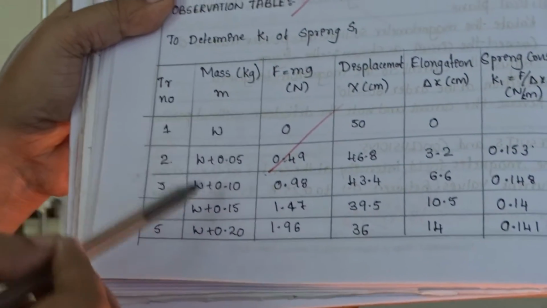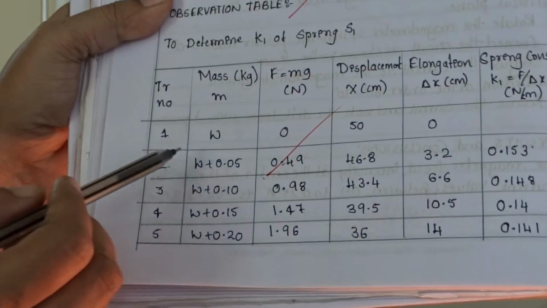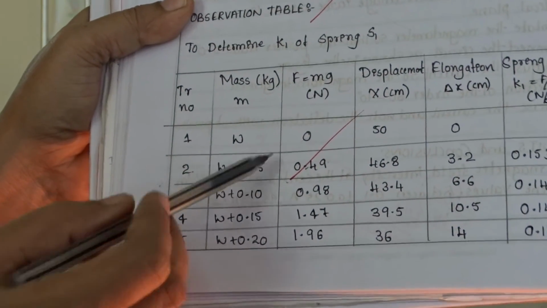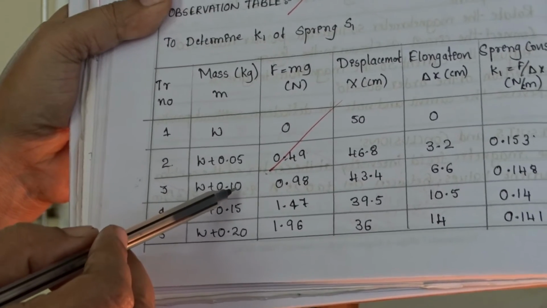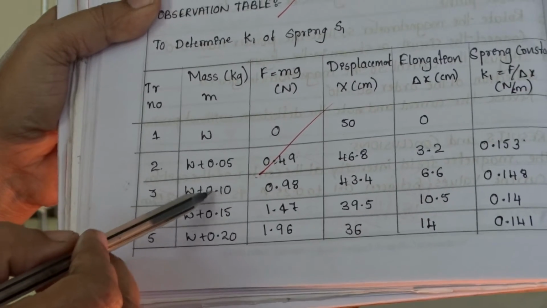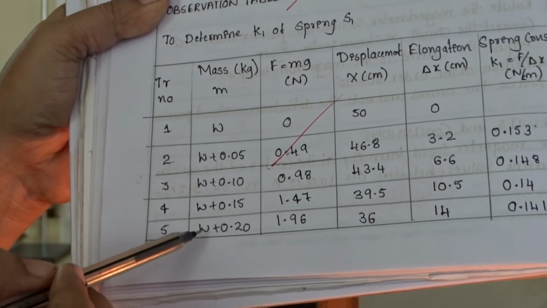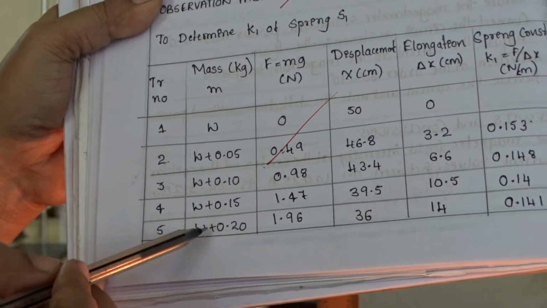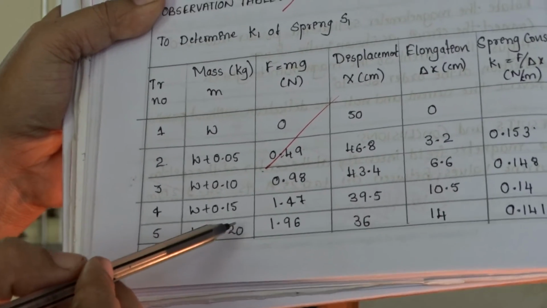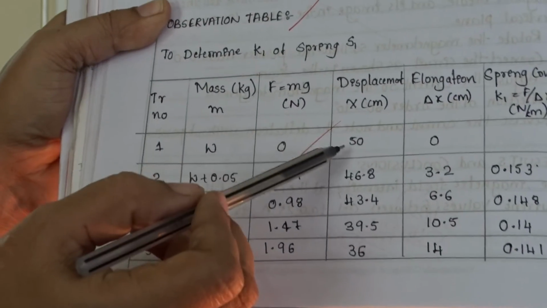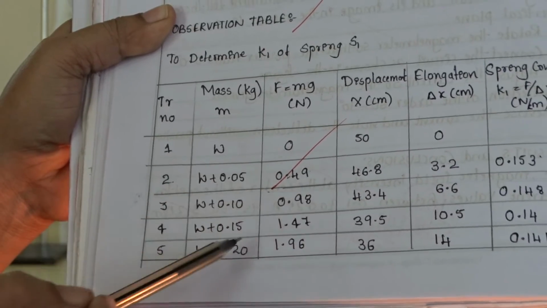Similarly, continue the experiment by adding 50 gram each time. The next value is W plus 0.1, or W plus 100 gram. Continue the experiment up to W plus 0.20. These are the displacement readings you have to write.